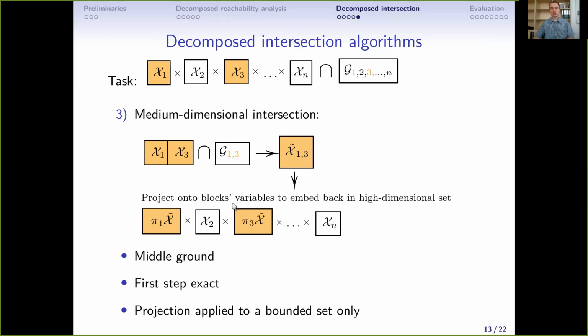But then you have to project again because you want to get it into the right dimensions as before. So for instance, you want to get this X2 set in between. So you have to project this result. But in general, this projection in this later stage is more precise than doing it first. So this is still quite efficient, but much more precise.